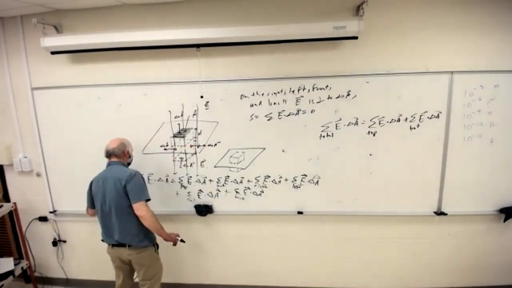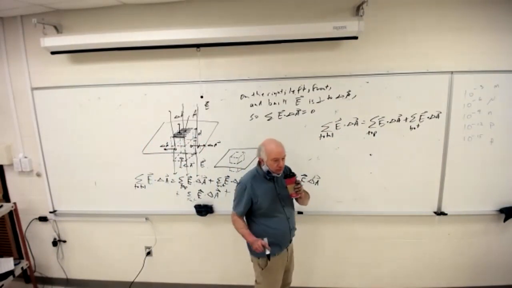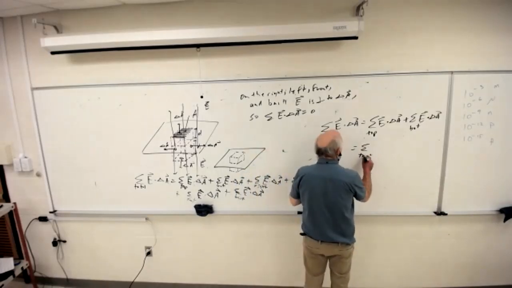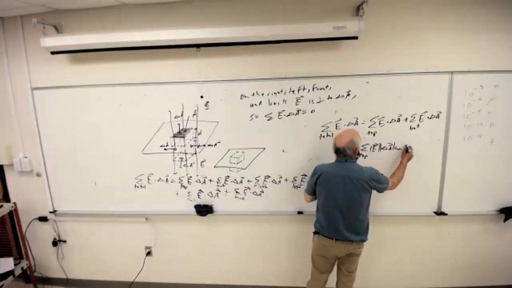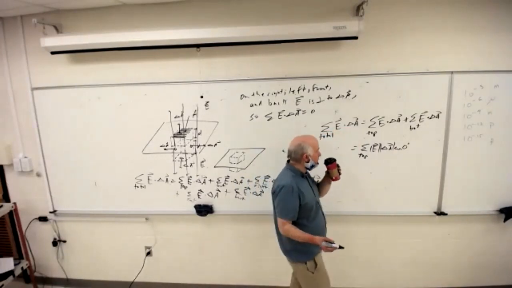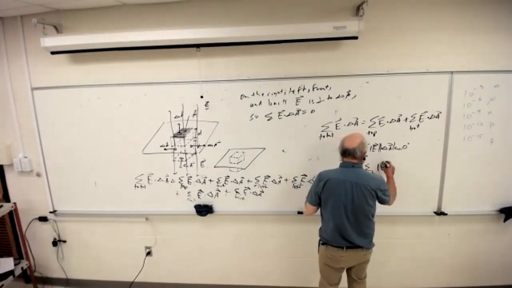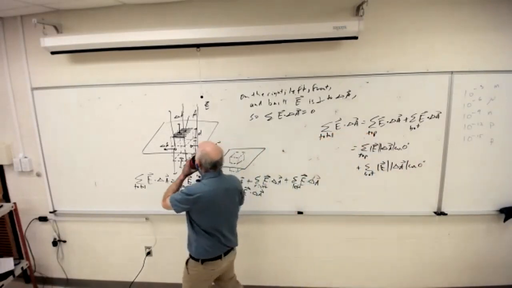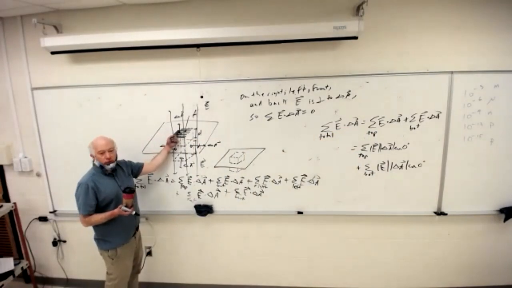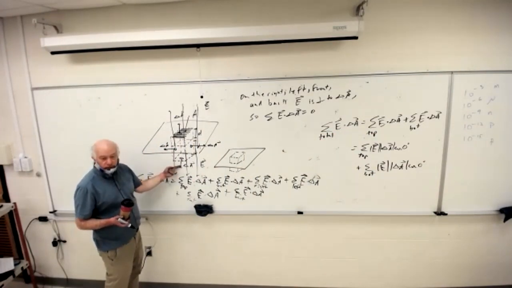What do you know about the bottom? Dot product first, but you're right. E dA cosine is 0, because there ain't no angle with each other, and then the same thing for the bottom. Right. On the top, this electric field and that delta A are making a 0-degree angle with each other. On the bottom, the delta A goes down, the E goes down, so the angle between these two is 0 as well.